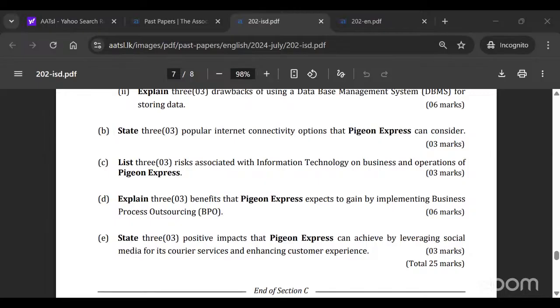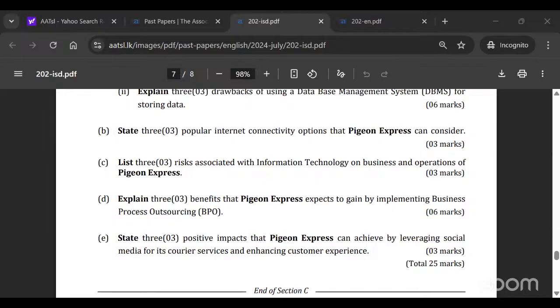With BPO, Pigeon Express can scale its operations up or down based on demand without having to invest in additional resources or infrastructure. This provides flexibility in adjusting to seasonal demand or expanding into new regions without logistical constraints.